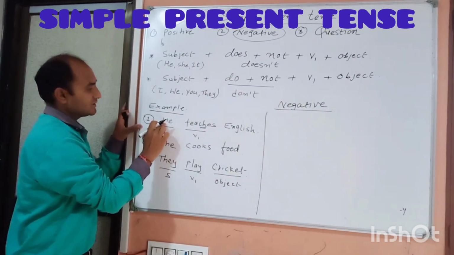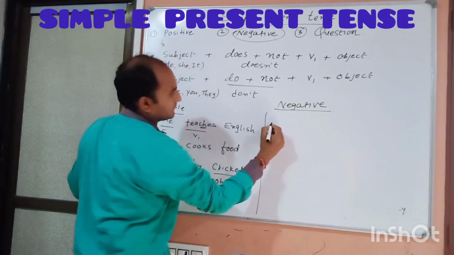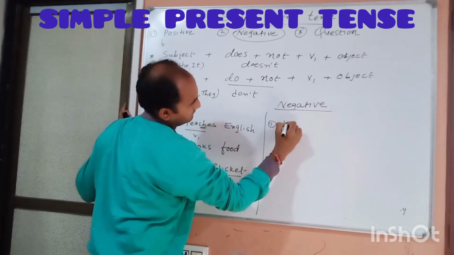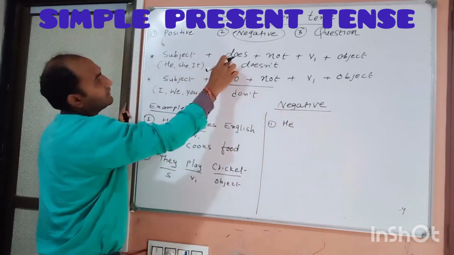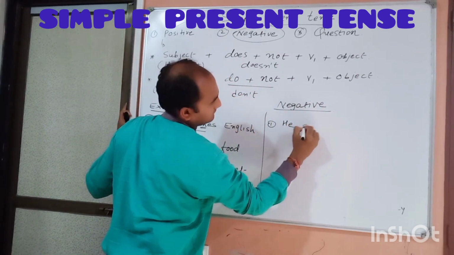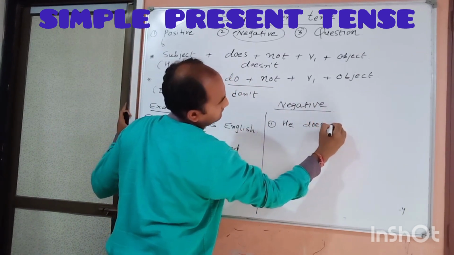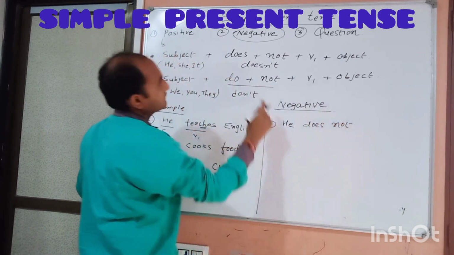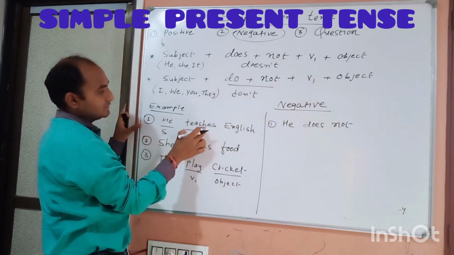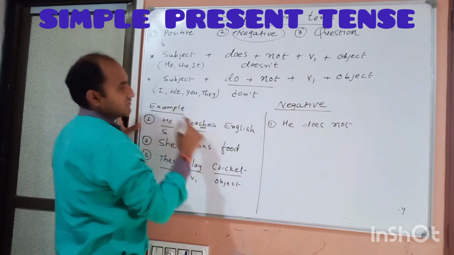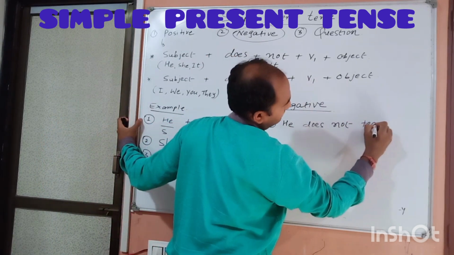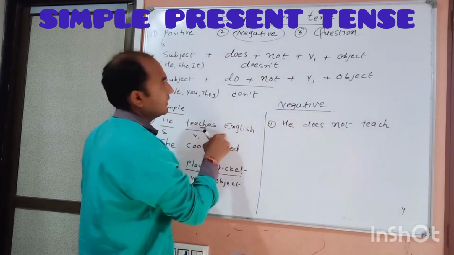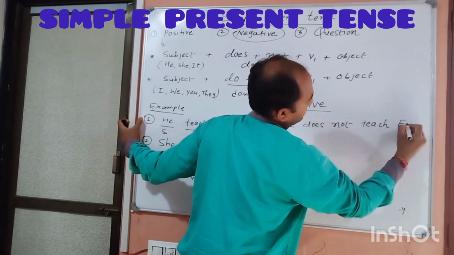Here subject he, okay, he, and then does not, then what is the V1? V1 teach, and object English.